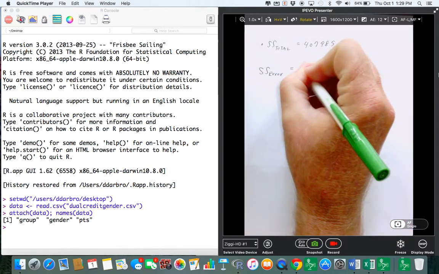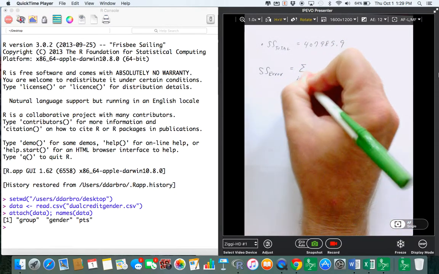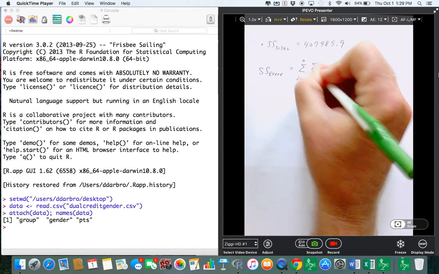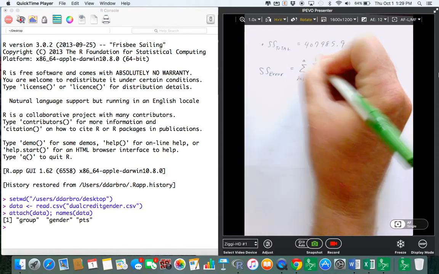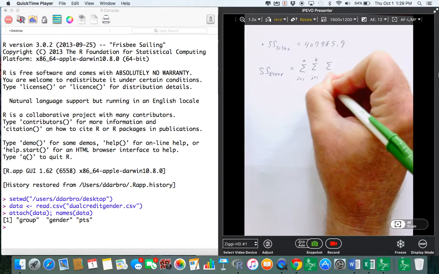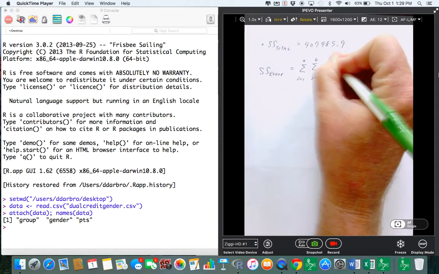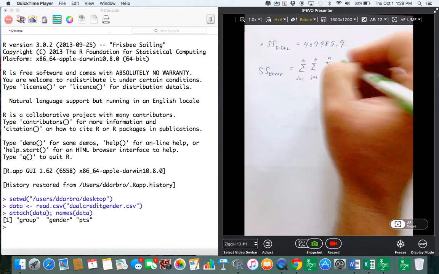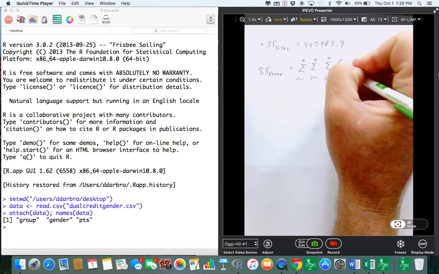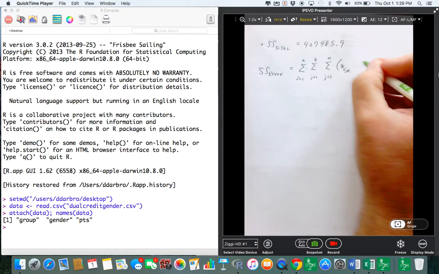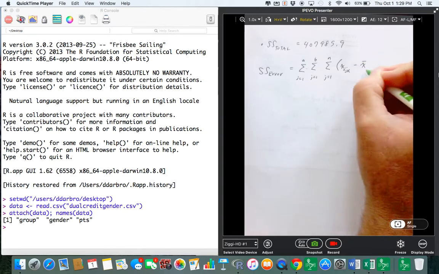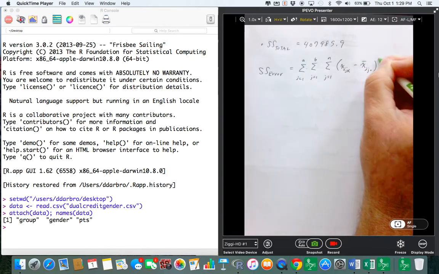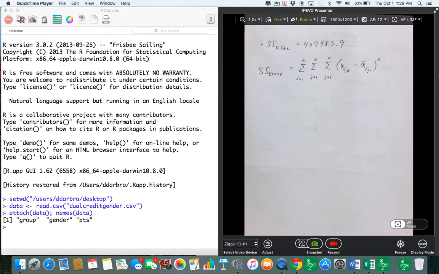And the sum of squares error, as you'll find out, is very easy to calculate for even a large data set like this, because really all we do is take each observation in each cell and subtract it from the cell mean and square that up.